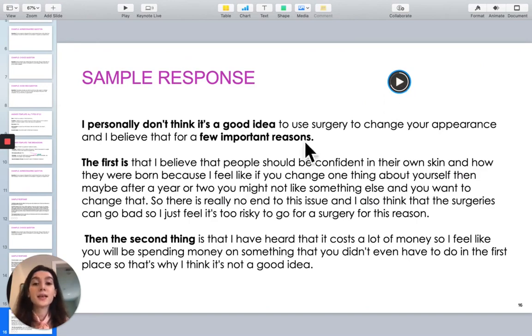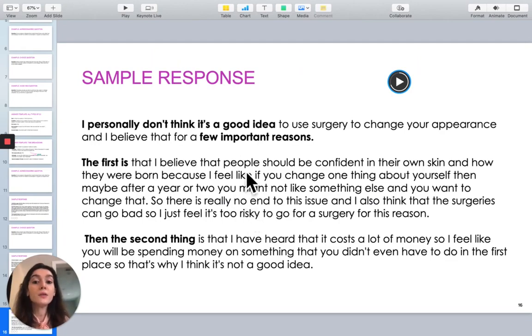Okay, so in this case, I did something different. I actually did not give an example for my first reason, but I still did topic development. I still was able to develop on my idea of why I believe it's not a good idea, and I was continuously bringing in new things, okay? It's very important that you're not repeating ideas, but rather developing on those, especially if you need a 26.